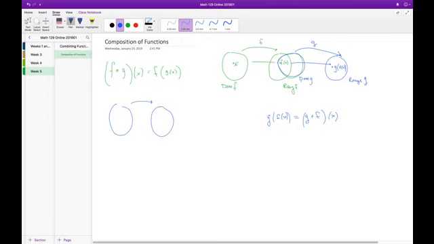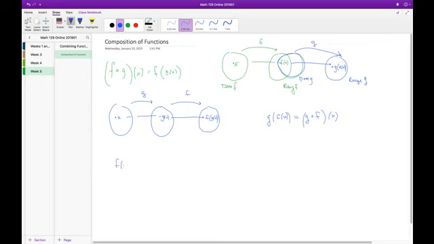So if this was g, that would take some element x to g of x. And then a new function f would take g of x to the range, which would be f of g of x. So again, you can kind of see how that works.